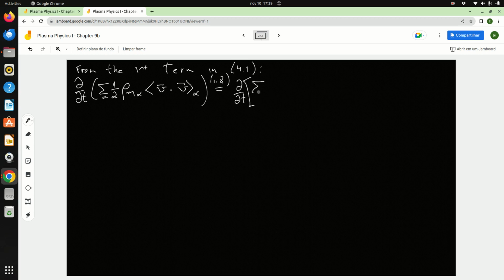The sum in alpha of 1 over 2 will be C alpha plus U dot C alpha plus U, this in alpha. Well, we just do the distributive here. Then you end up with this. I think I'll do it step by step.